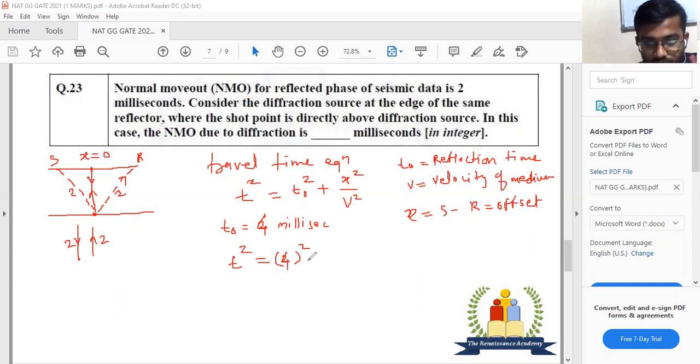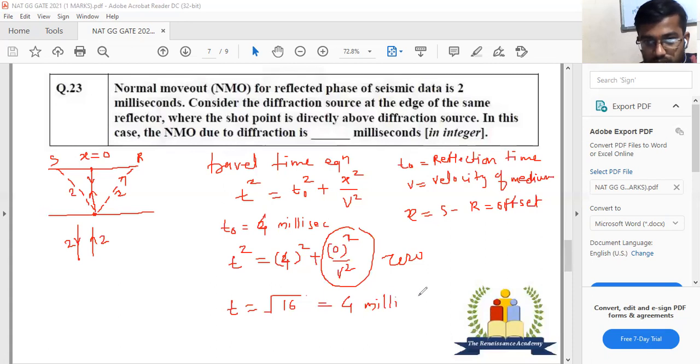Here we need to consider 4 square plus X is 0, so 0 square divided by v square. So this entire term should be 0. Now we have T square, so T is equal to under root of 16. So you'll get 4 milliseconds.